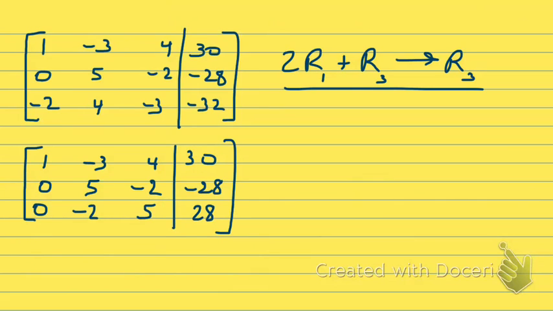We've got to work on the second column. We'll work on getting a 1 here. To get a 1 there, we must multiply by the reciprocal of 5. So we'll multiply 1/5 times the second row, and that will replace the second row. That's our operation. When we do so, the first and third rows will stay the same.